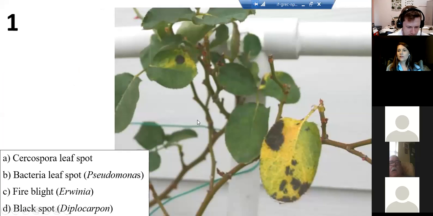You can move the window aside, right, John, to see the picture, if you want to take notes too. Okay, 30 seconds. Next.